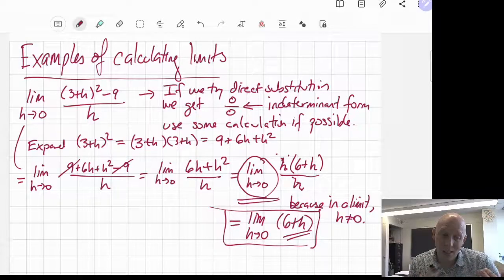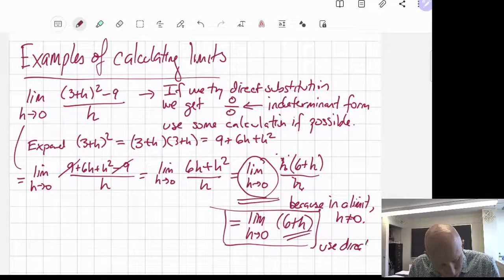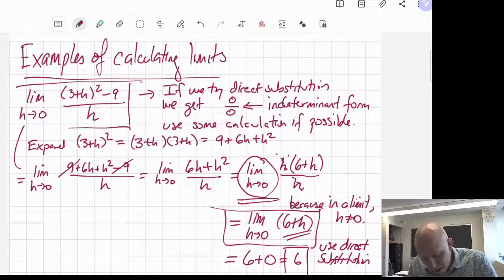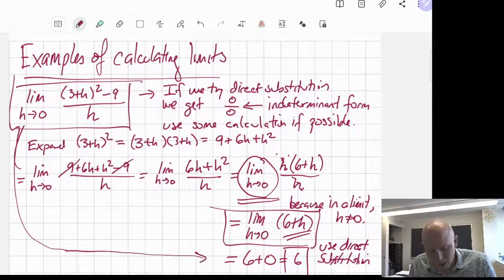And so because this is a function that's defined for all values of h, then we can use direct substitution. We can plug in h is equal to 0. We get 6 plus 0, which is equal to 6. So this limit as h goes to 0 of that rational function is equal to 6.